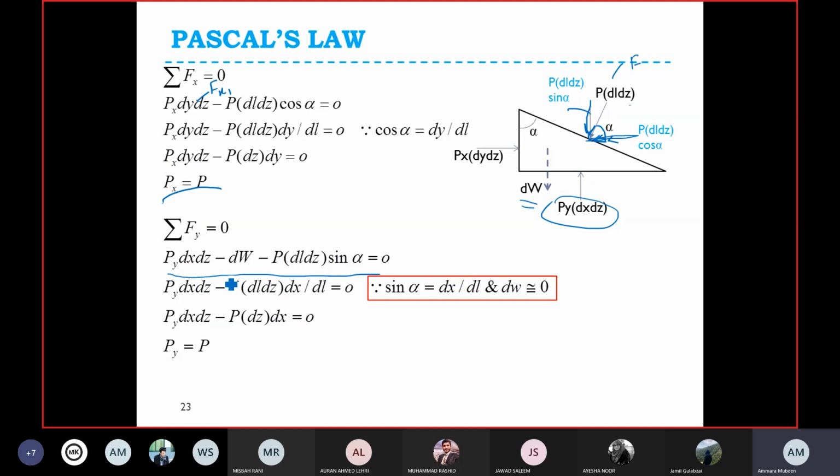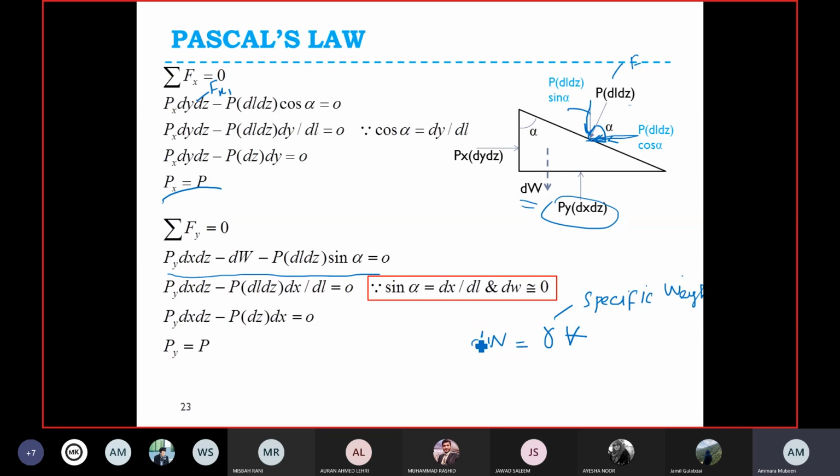Now in this equation, one parameter is neglected, which is dW. How would you calculate the weight of this wedge element? Weight is equal to gamma multiplied by volume. Gamma is the specific weight, the definition of which we just covered: weight per unit volume. So if we know the specific weight, then we can calculate the weight of any fluid element.